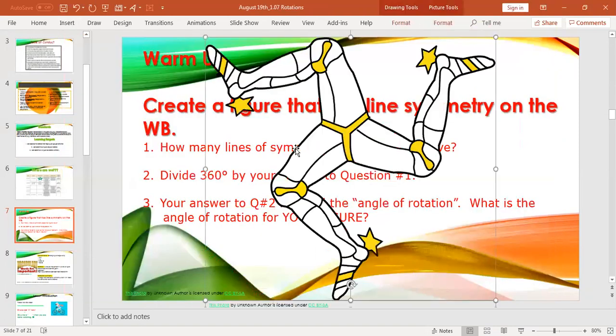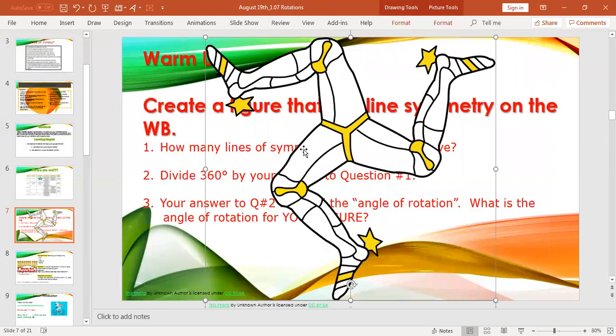All right. So, if you take a look at this figure, can this figure map onto itself between 0 and 360 degrees? So starting at the top right foot, what is the angle of rotation? From the top right foot to the middle foot.